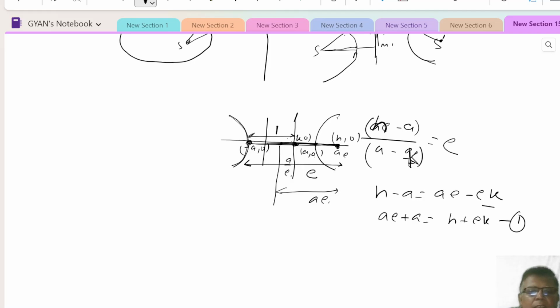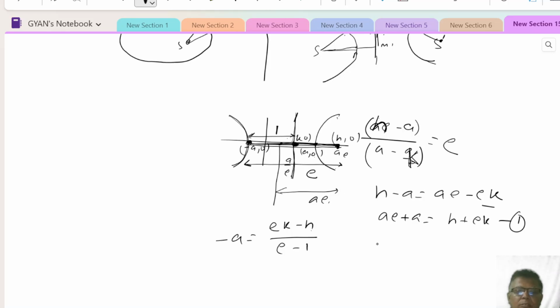What is the same property? Distance of this point to focus divided by distance of this point to directrix will be E. So here the coordinate is minus A. So minus A will be EK minus H. This is H and this is K will be equal to E minus 1.